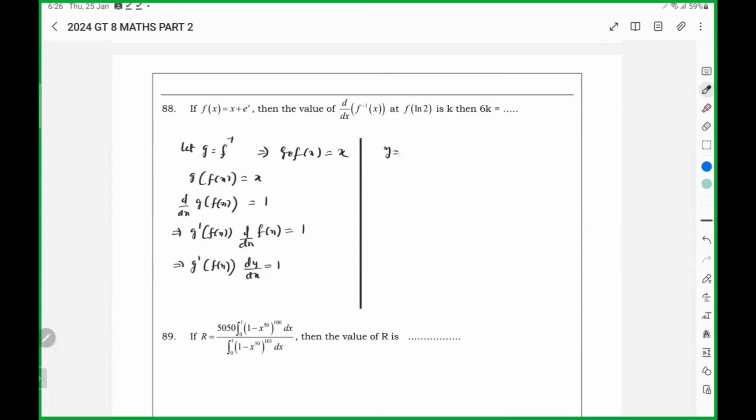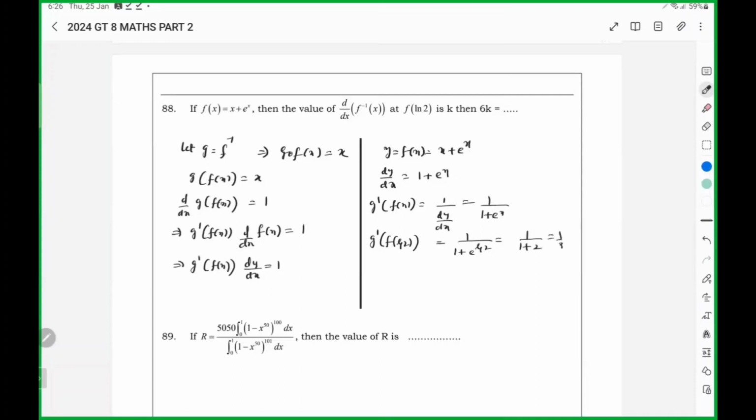So y here is f of x, plus e power x. dy by dx is 1 plus e power x. g dash f of log 2 is 1 by 1 plus e power log 2, which is 1/3. So k here is 1/3. 6k will be 2.